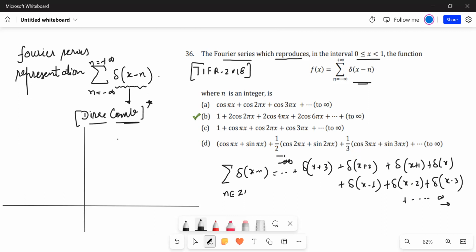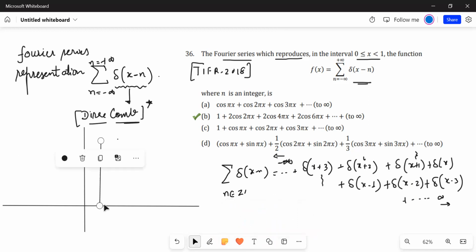Okay. So this is how it is. So basically, what does it mean? It means that your Dirac delta function is situated at x equal to minus 3, at x equal to minus 2, at x equal to minus 1, and so on and so forth. So basically, you'll have narrow spikes at all of these integers, and these are of unit strength.